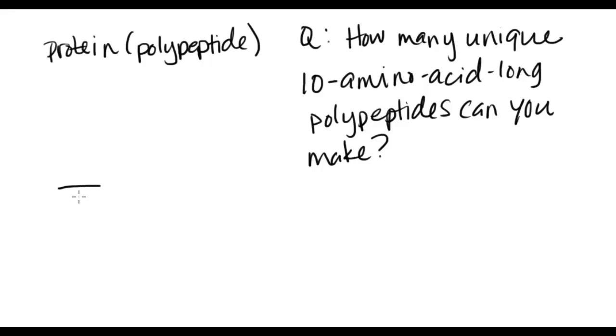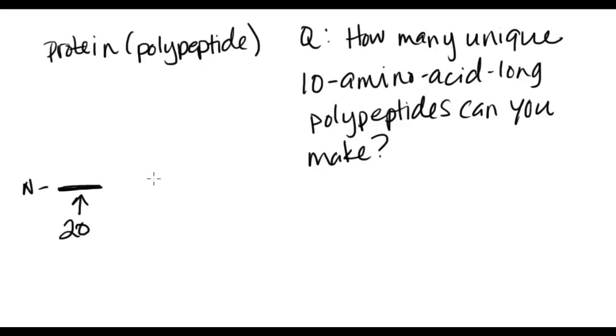So let's start simple. For this first amino acid, say we'll start at the N-terminus. For this first amino acid, how many choices do we have? Well, we have 20 amino acids, any of which can go there. So we have 20 possibilities to start.